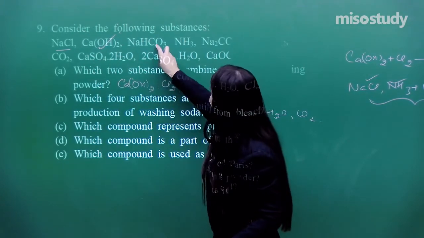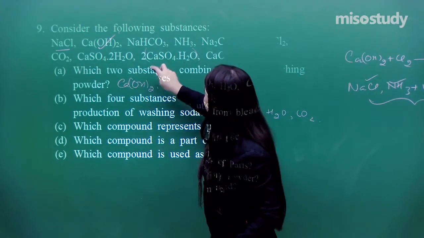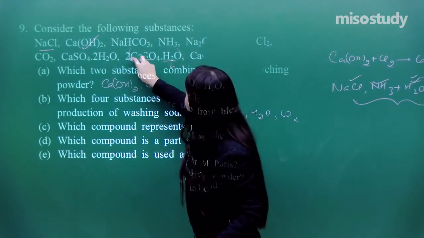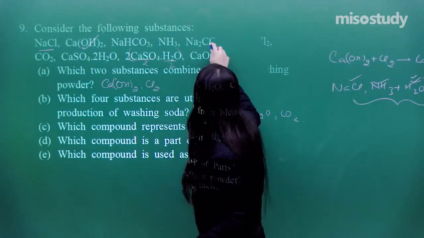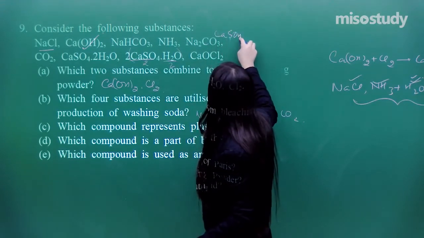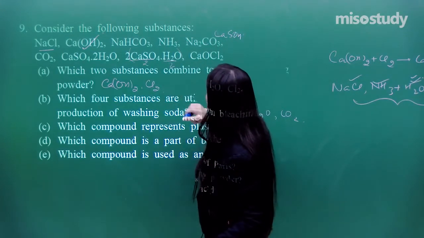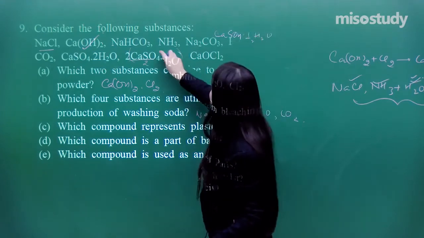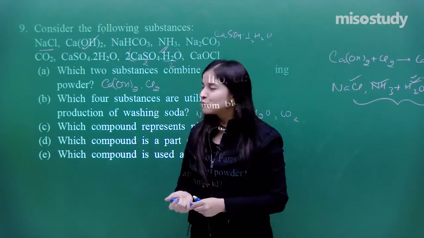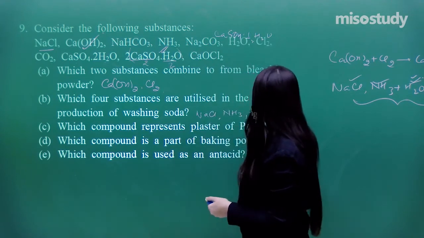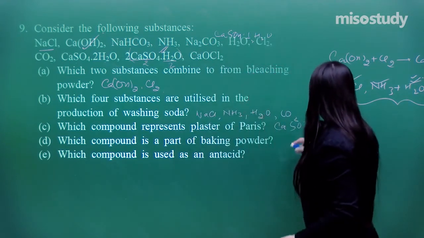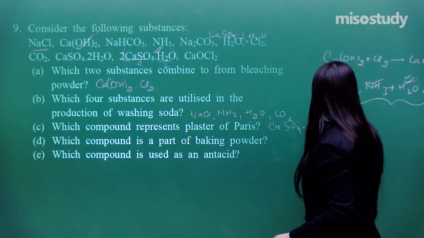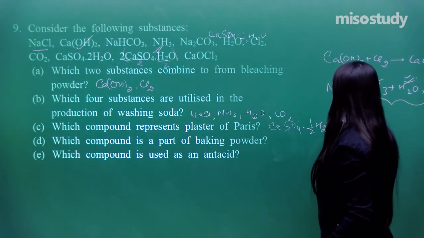No. But if I try to divide this entire equation by 2, that means this is going to be CaSO4 plus dot how many? Half of H2O, yes, and that is what the POP comes out to be. So it is CaSO4, calcium sulfate hemihydrate, half of H2O. Got it?